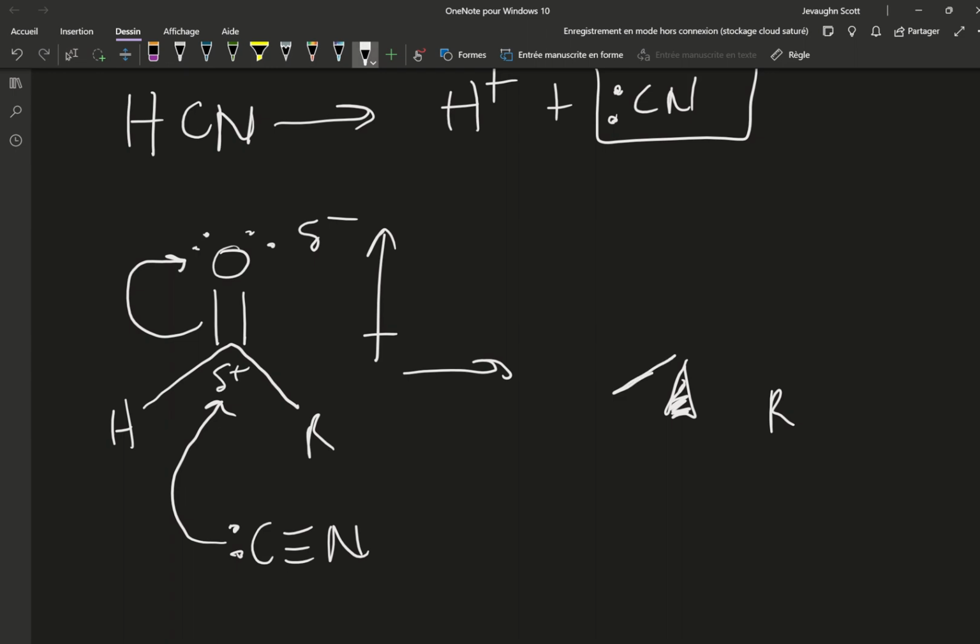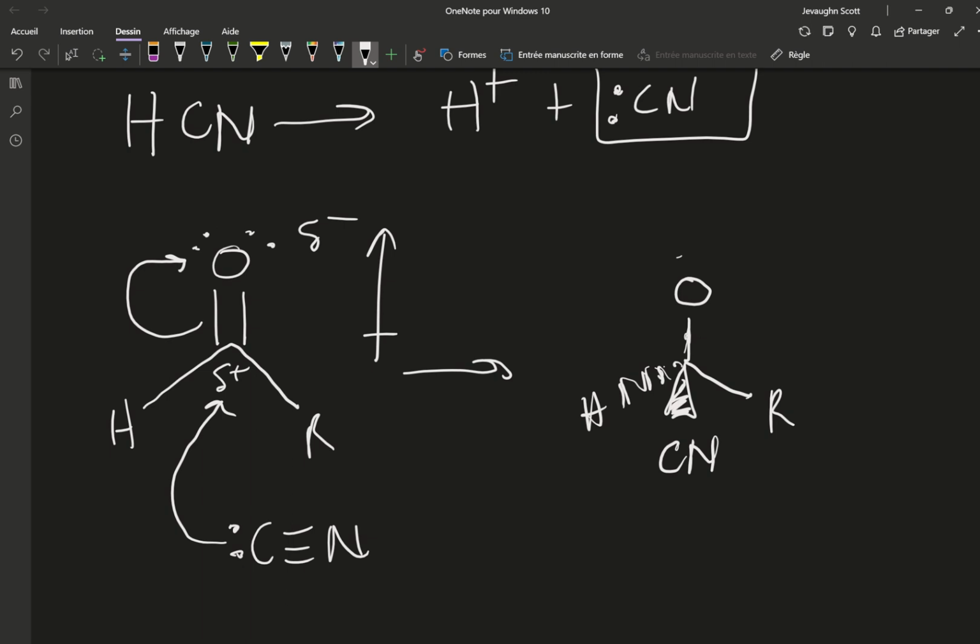So we have the R group here being connected, and then we have the hydrogen going into the back. And what we're going to have here is our cyanide. Up here we're going to have the oxygen. But remember that the double bond is broken. Remember that this double bond was broken.